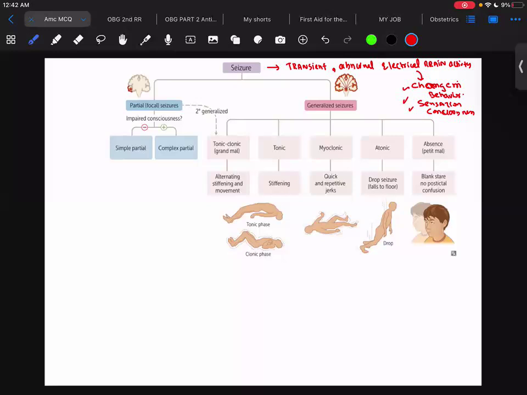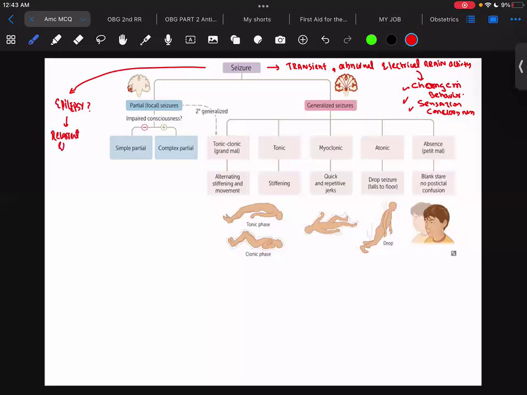After we know what a seizure is, we should learn the definition of epilepsy. What is the definition of epilepsy? Epilepsy is a disorder of recurrent seizures.